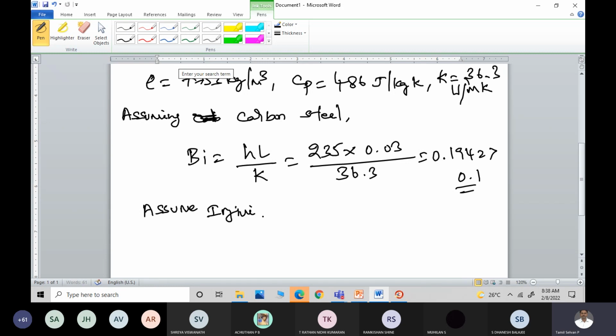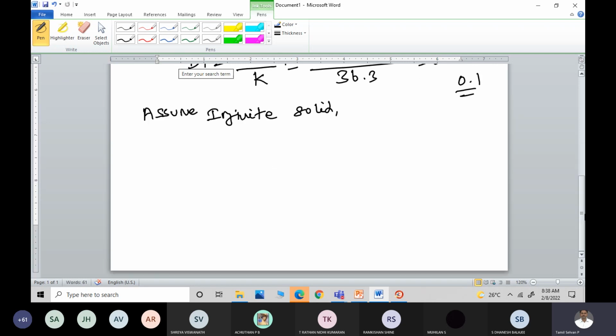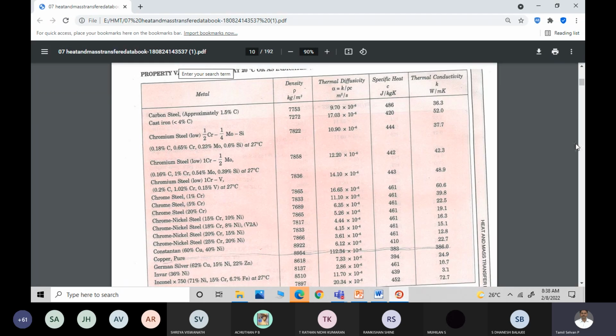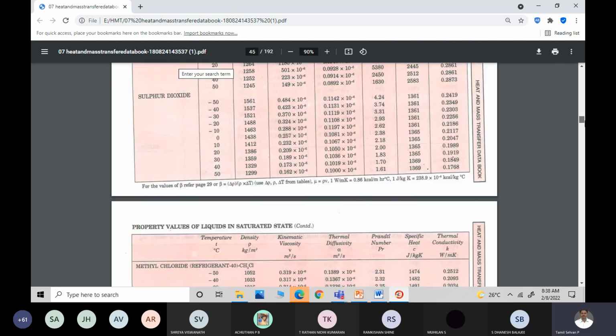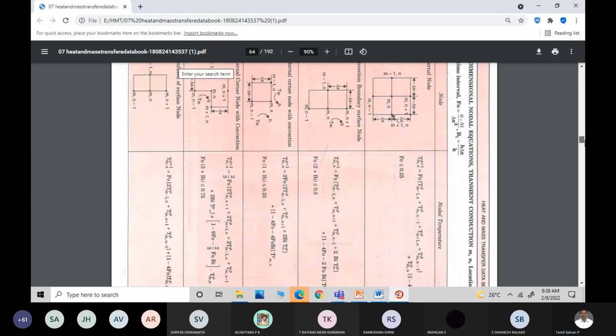All these things I will be expecting in your answer sheet. If you don't find the Biot number, I don't give you marks. Suppose you assume a lumped system and find the solution, you won't get full marks. If your assumption is wrong, you will lose all the marks. Please understand that also.